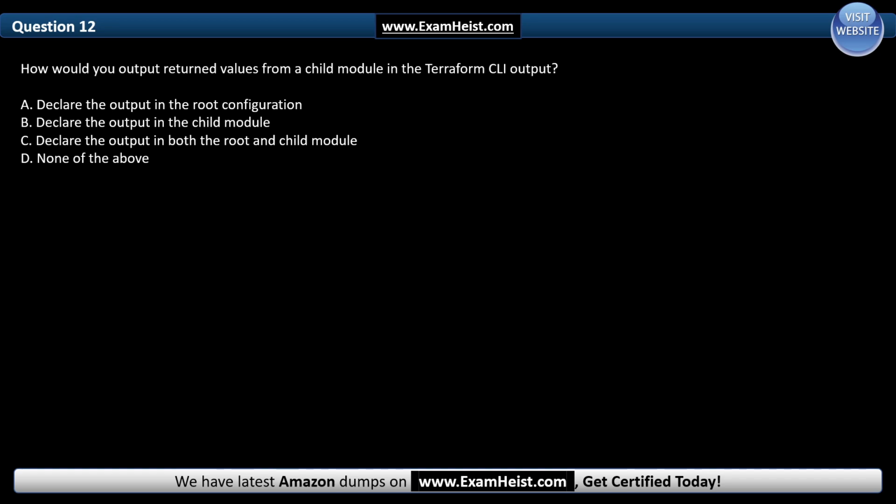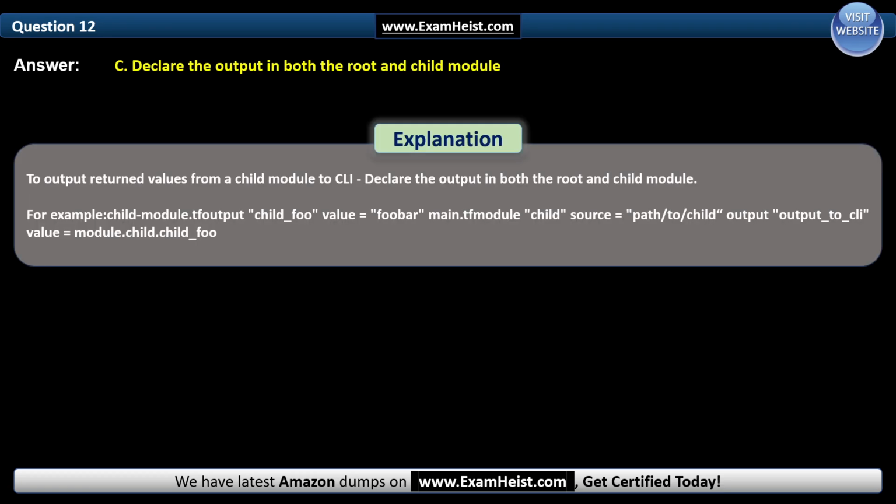Question 12. How would you output returned values from a child module in the Terraform CLI output? The correct option is C. Declare the output in both the root and child module. To output returned values from a child module to CLI, declare the output in both root and child module.